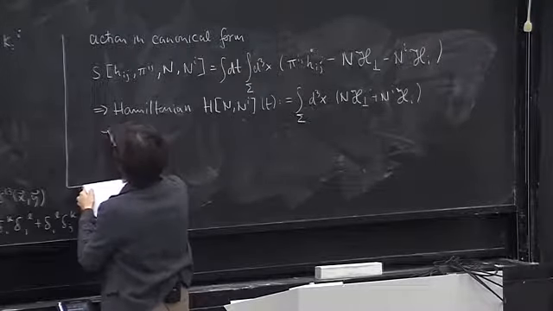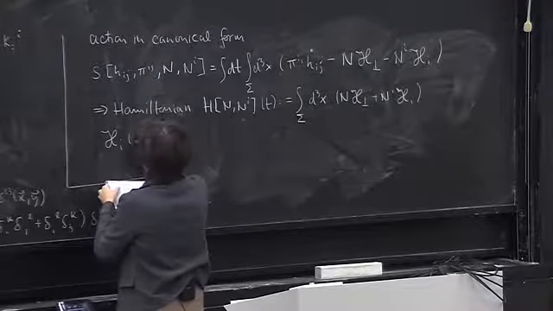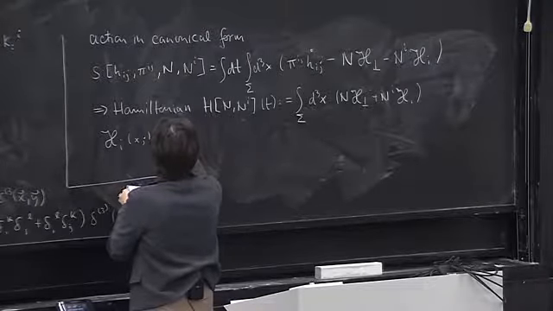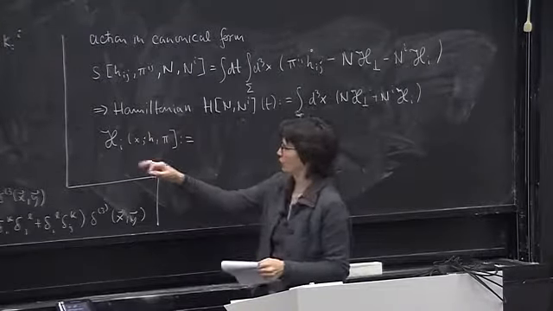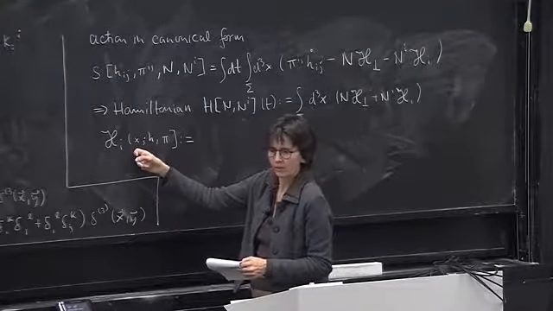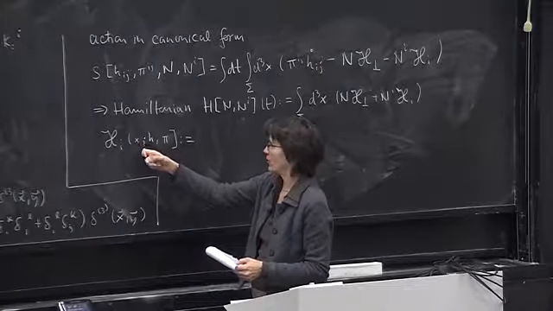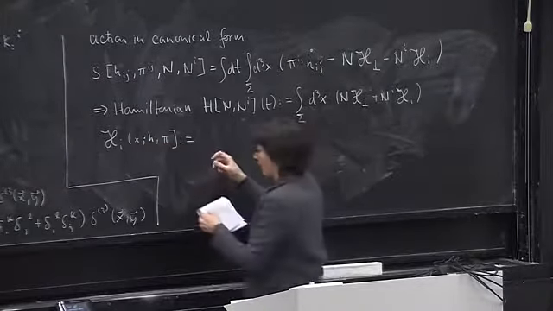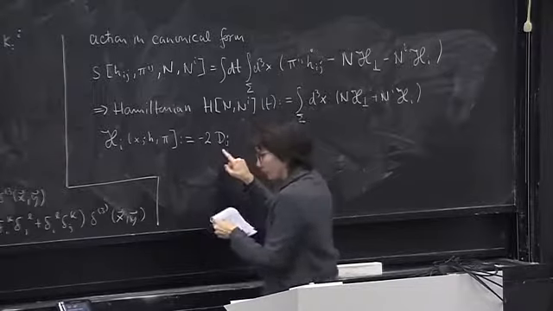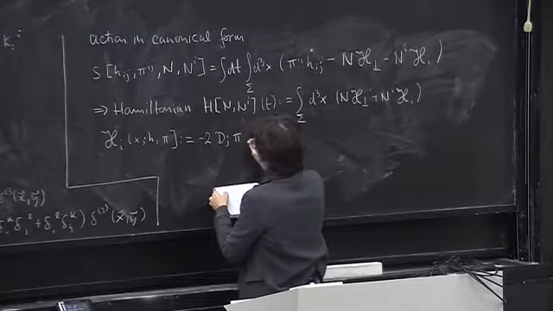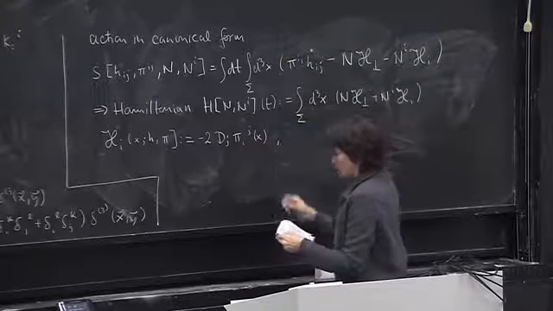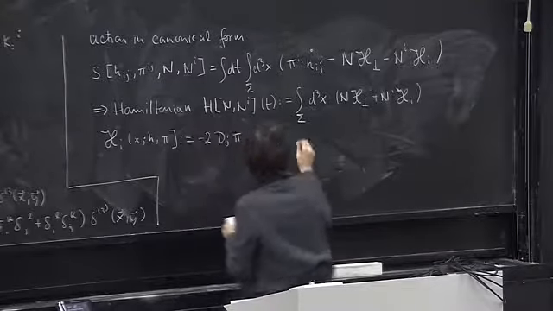Now finally, curly H_i of x, h, and π. So I'm adopting this notation to say, of course, it depends on fields, implicitly and explicitly, so it still has a space-time dependence, and depends on h and π, and it is given by minus 2 ∇_j, the spatial covariant derivative, π_i^j of x. And what is this H perp? That's slightly more complicated.